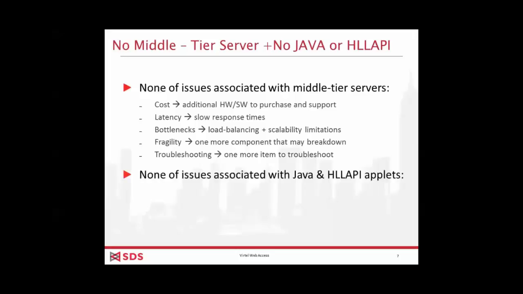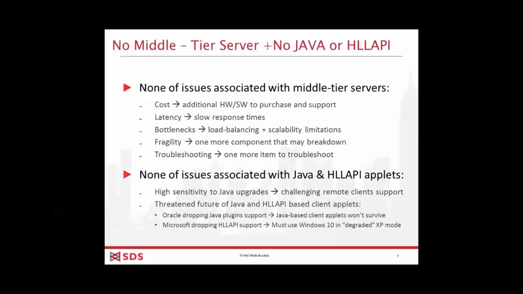It eliminates the issues typically associated with Java and Jalapa client applets, namely the ever-changing Java levels that make the support of remote Java client applets quite challenging, and an uncertain future for both Java and Jalapa-based solutions. Microsoft had initially dropped the support of Jalapa with Windows 8.